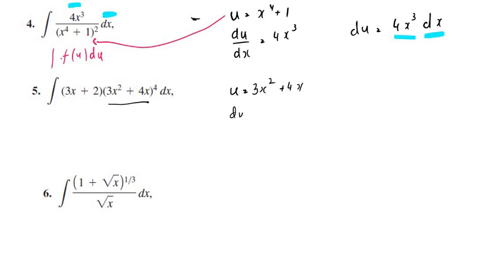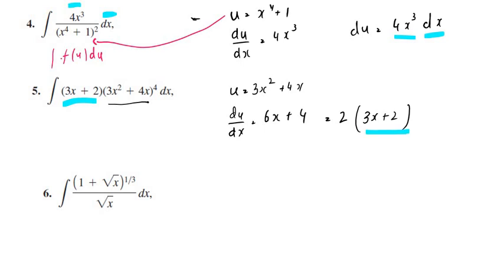So du over dx is equal to 6x plus 4, and this is equal to 2 times 3x plus 2, which is also this function.